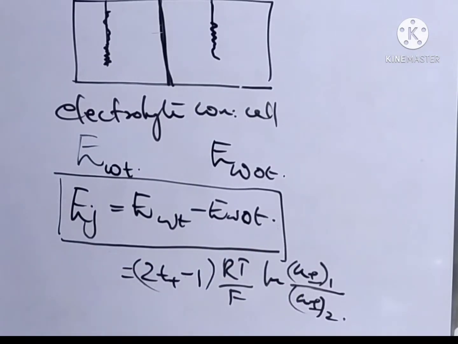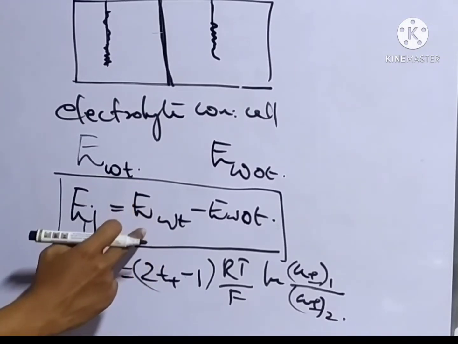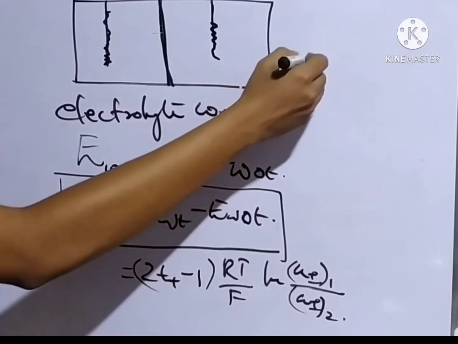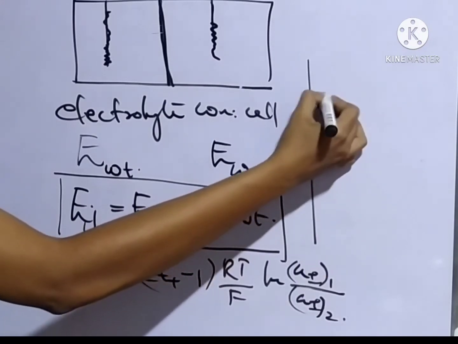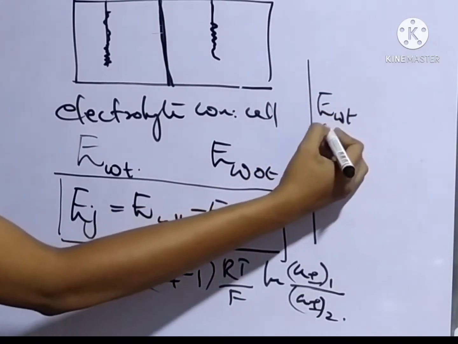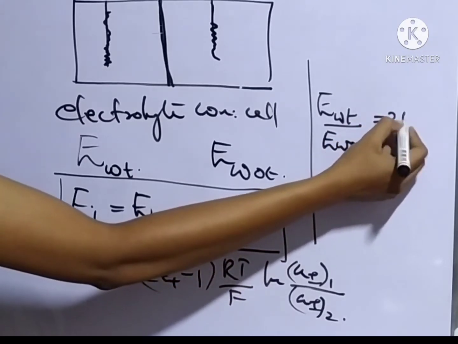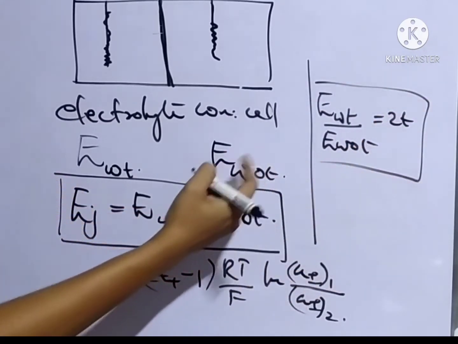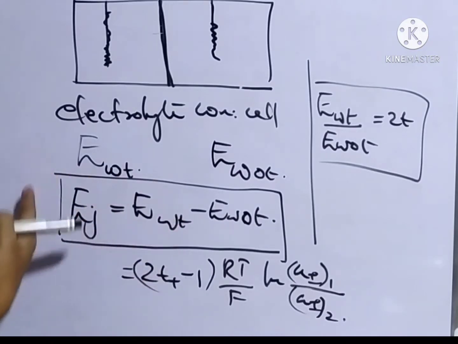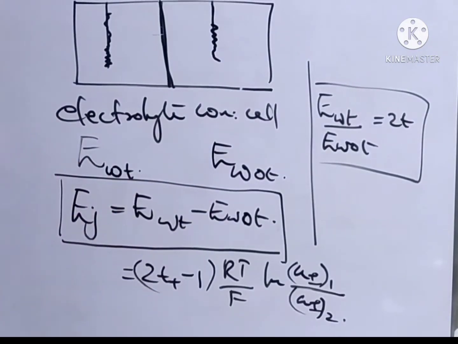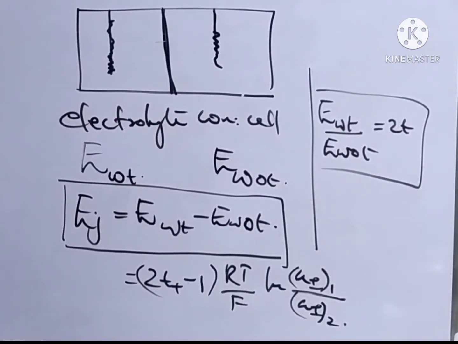Okay. And the relation between with transference and without transference of the same cell, E with transference divided by E without transference, is always equal to 2t. So this will also help to calculate the liquid junction potential of electrolyte concentration cells. And by using the transport number of cations and anions, we can rewrite this equation.